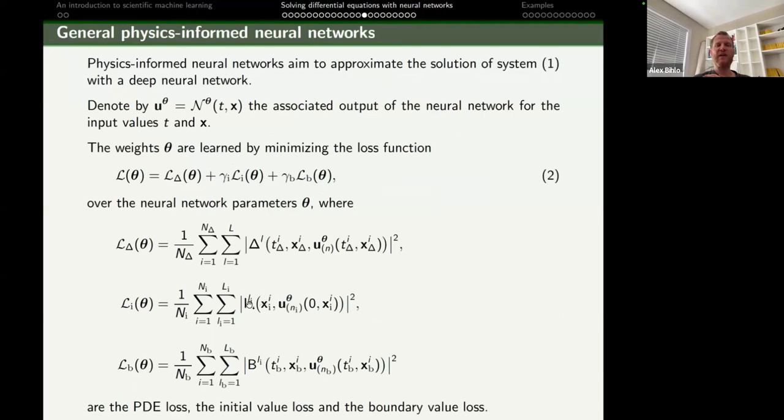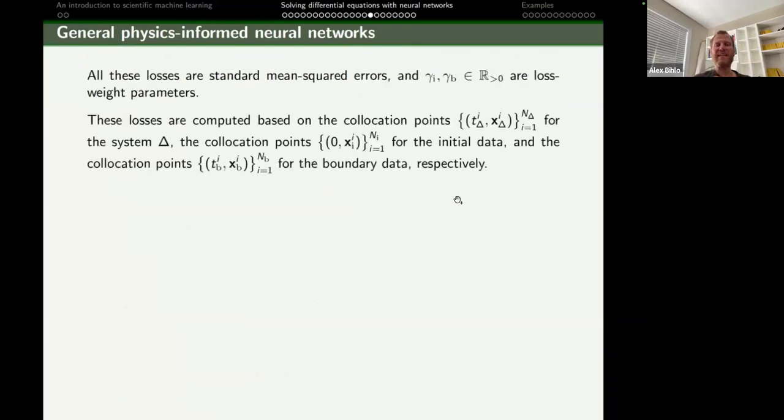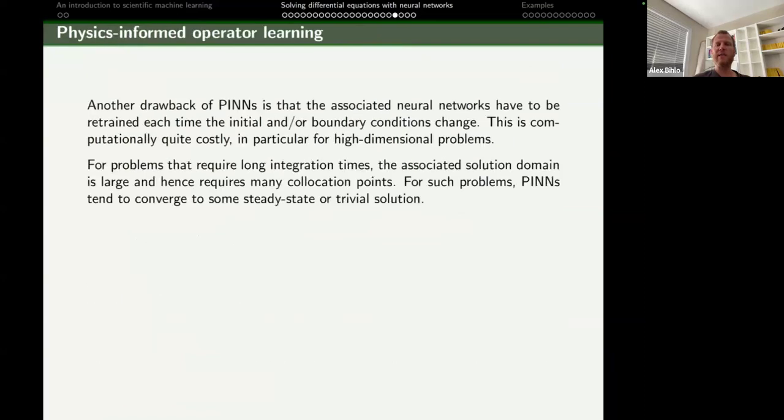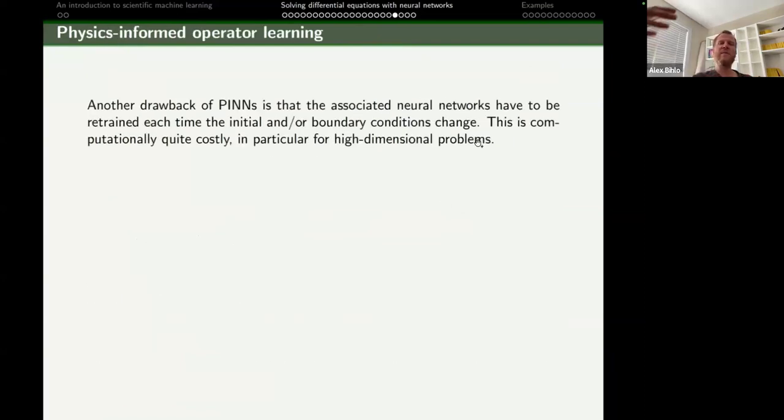So if you change the initial value or the boundary value operator, keeping the PDE the same, you have to retrain the entire network, which is not great. Obviously, this is quite expensive, especially if you have a high-dimensional problem, right?